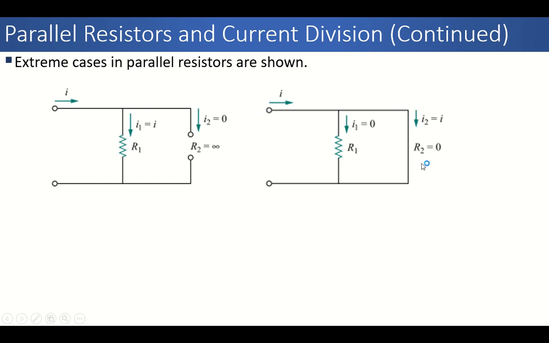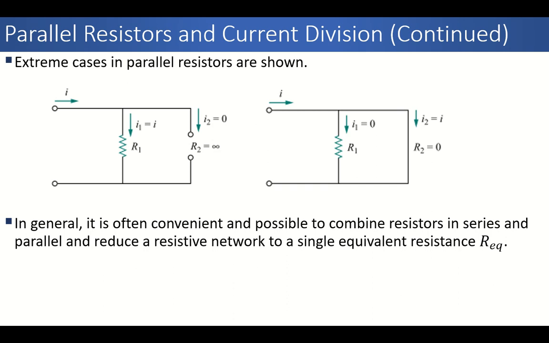So again, this is what happens when there is a short circuit in any kind of network. All of the current flows through the short circuit, and all other components or resistances draw almost zero current. In general, it is often convenient and possible to combine resistances in series and parallel and reduce the network to a single equivalent resistance, that is R equivalent or RAB.